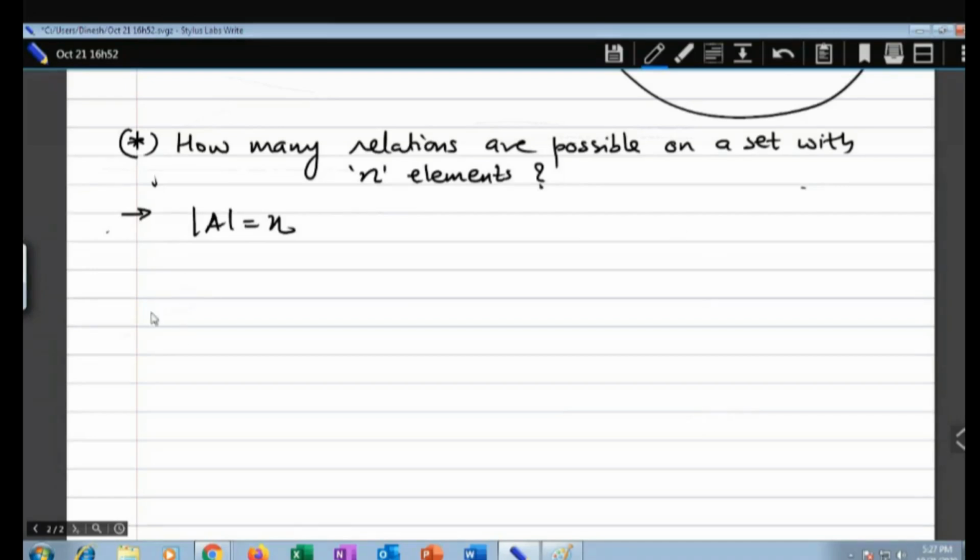Now tell me what will be the size of A cross A?